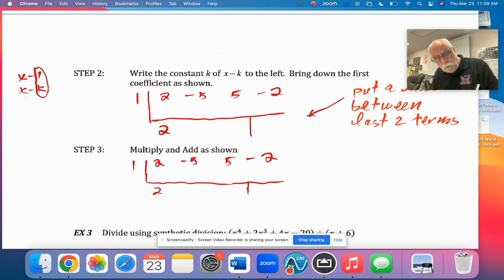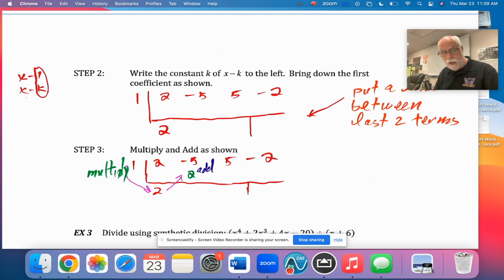And now we're going to multiply and add as shown. So we're going to multiply 1 times 2, and then we're going to put that here. So 1 times 2 is 2. And then we're going to add.